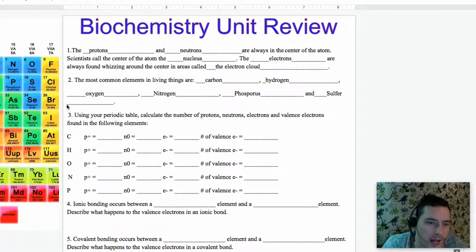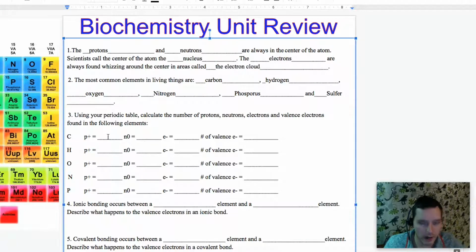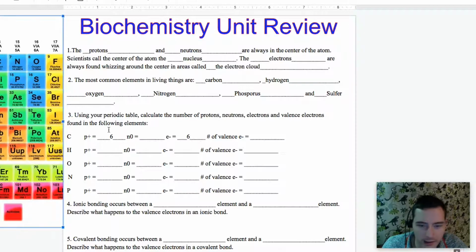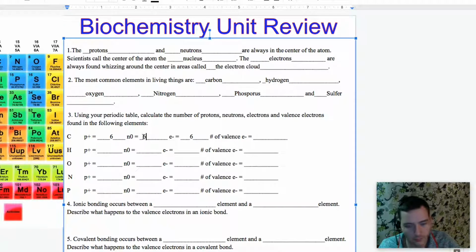So how many protons are in carbon? Well, it's got an atomic number of 6. So I know that there are 6 protons and 6 electrons. The mass is 12. So to find the neutrons, 12 minus 6 is 6.